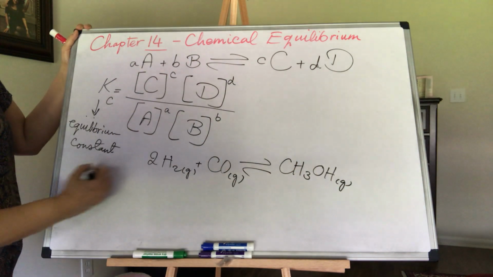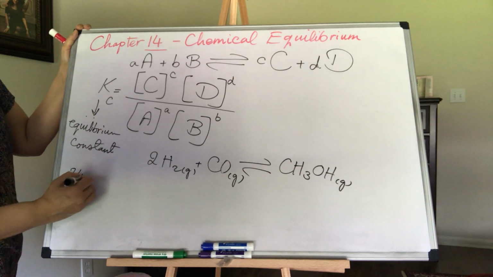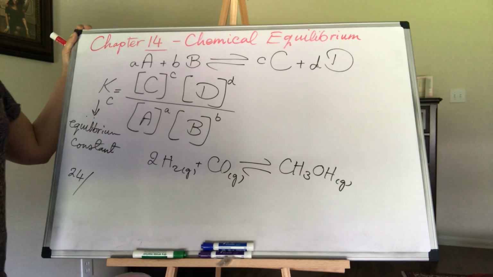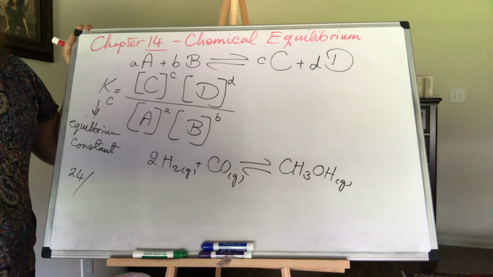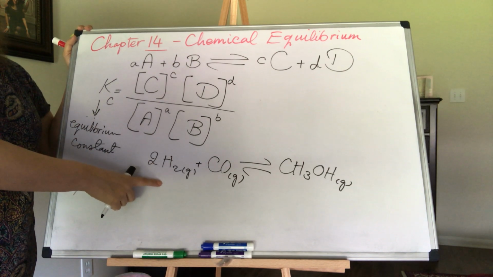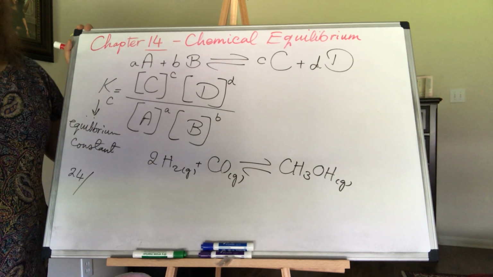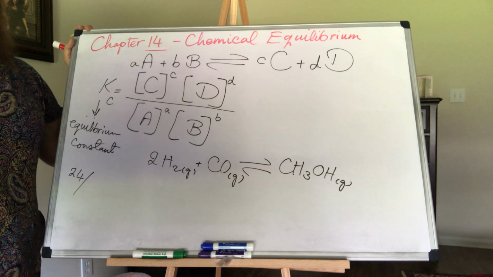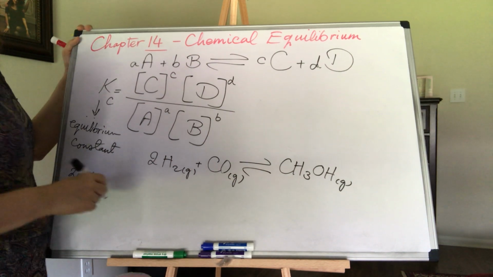So this is slide number 24. The question is saying methanol, also called wood alcohol, is made commercially by hydrogenation of carbon monoxide at elevated temperatures and pressure in the presence of a catalyst. What is the Kc expression for this reaction?